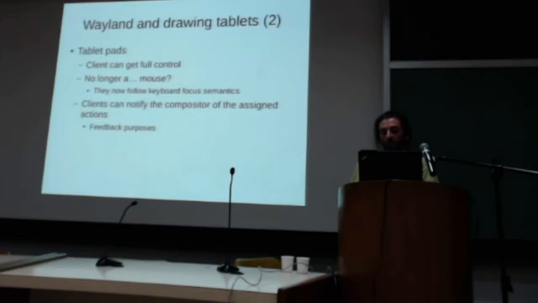And another advantage of the Wayland protocol is that the clients can actually notify back to the compositor about the purpose of a button inside the application UI. So this can be used for feedback purposes.